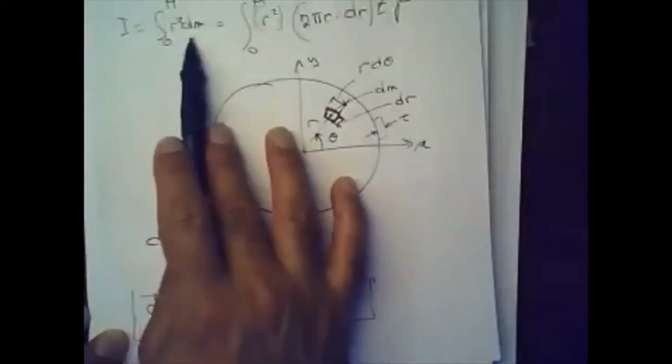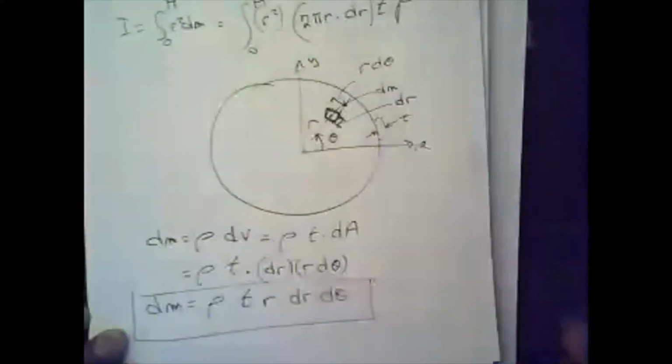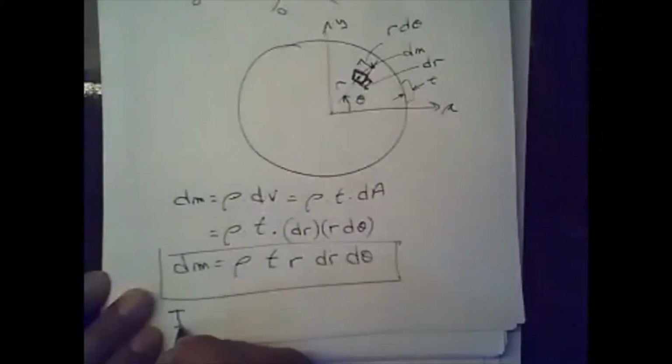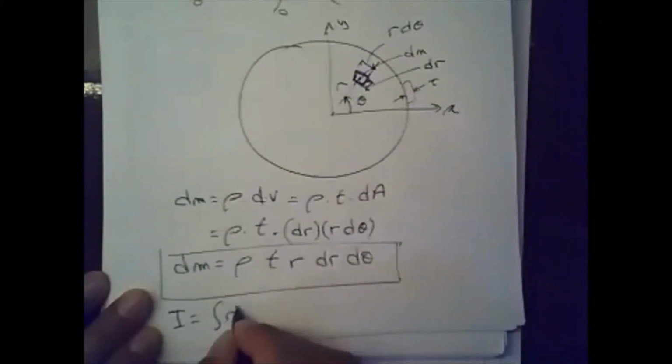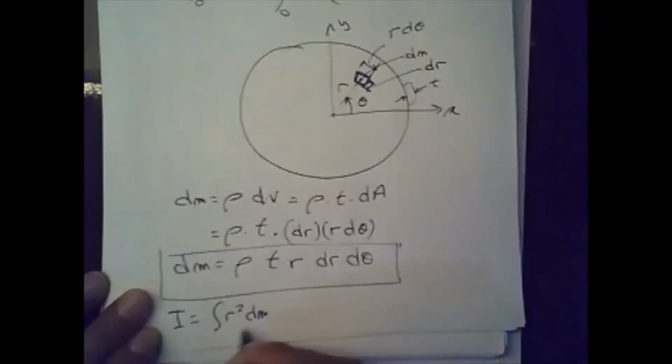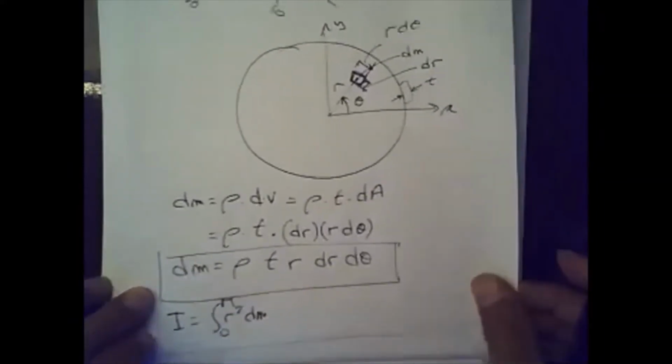So now if I want to get my moment of inertia, I have to integrate this with respect to r squared. So I is going to be equal to r squared dm from 0 to m. Now let us go on a new paper.